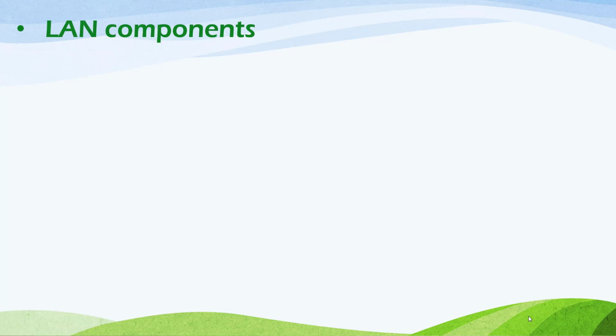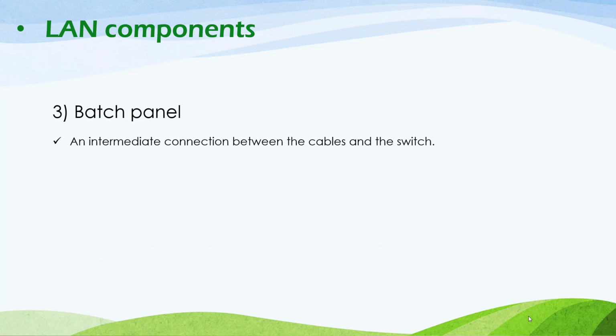So let's go ahead. First of all, we find that the third component we have in the LAN system after the data cable is the patch panel. And this patch panel is the component that is used as an intermediate between the data switch and the data cable.